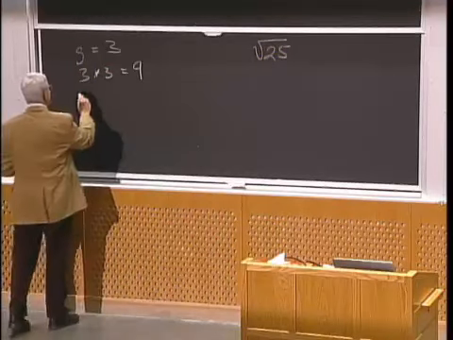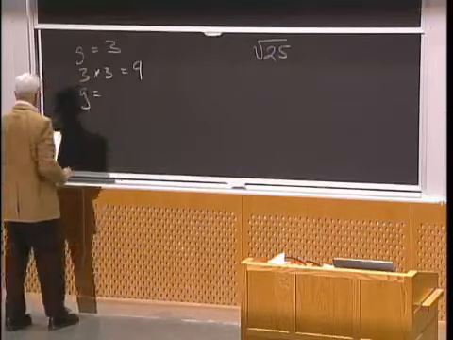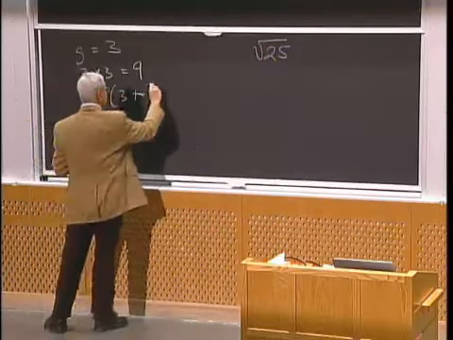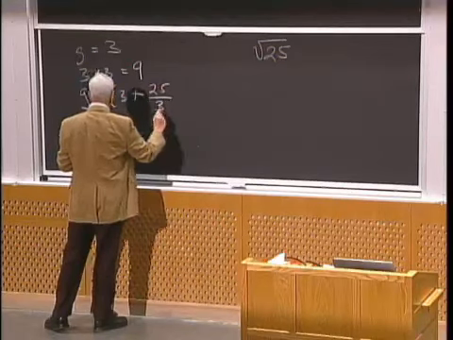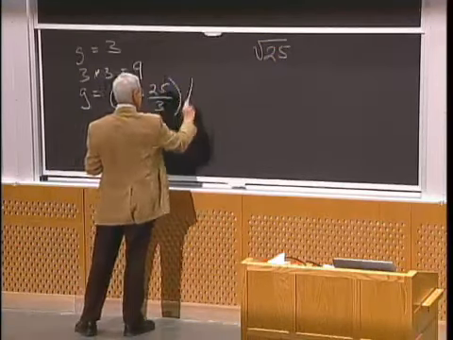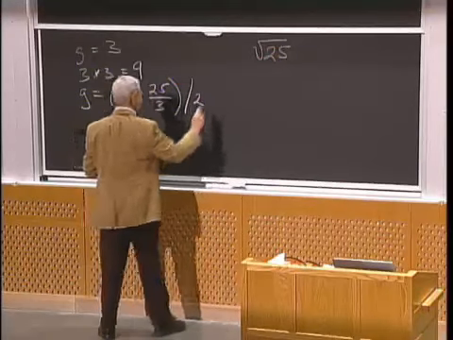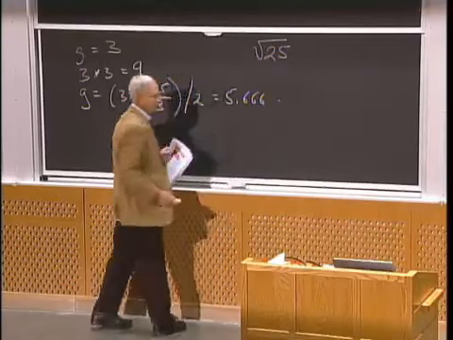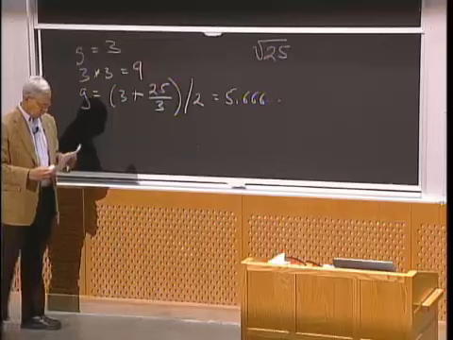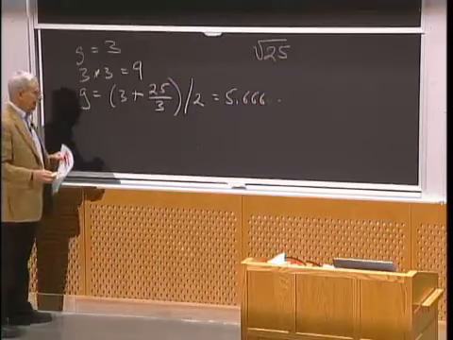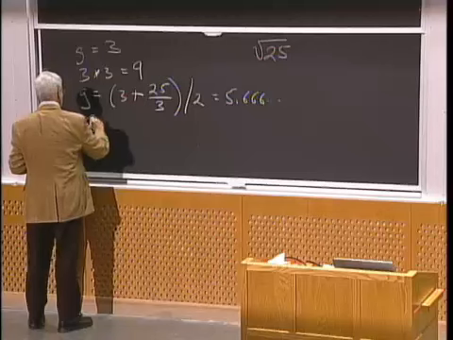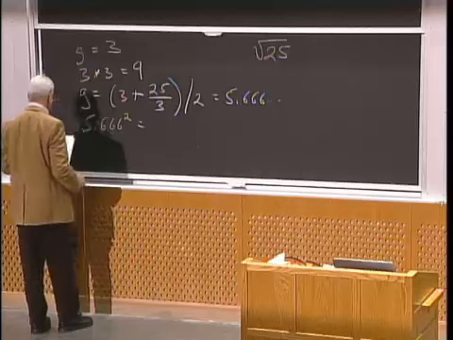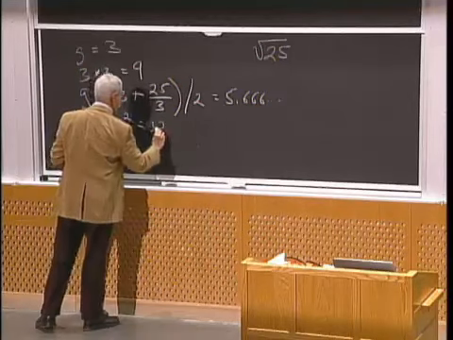So we'll reset G. And we'll set G to 3 plus 25 over 3, all of that over 2, which equals 5.6666, etc. All right, so now we'll multiply that by itself, and that gets to be about 32.04.